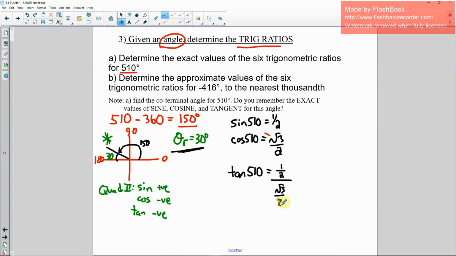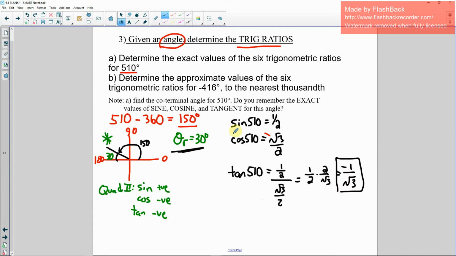We've got a complex fraction here, but remember, it's the same thing as the numerator times the reciprocal of the bottom. When you do that, the 2's cancel, and you get 1 over square root 3. And we're in quadrant 2, so we need to make sure we throw a negative on there. This might be something that you want to memorize, the tangent values in quadrant 1.